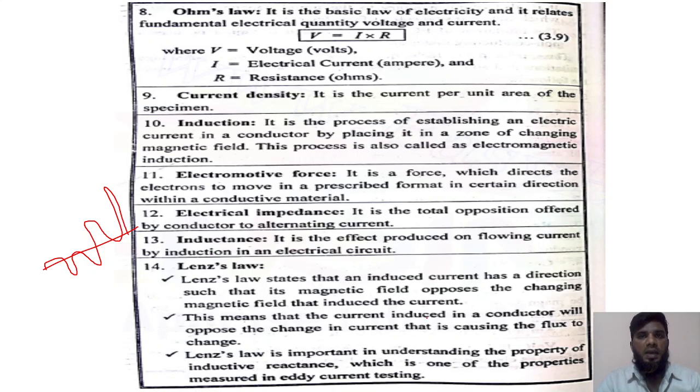Now, because of the magnetic field inside you, there is generation of some current. That current will try to oppose the current which I have produced. So the secondary current which is generated is trying to oppose the primary current. This type of current is called eddy current, and this law was stated by Lenz. So this is called Lenz's law.